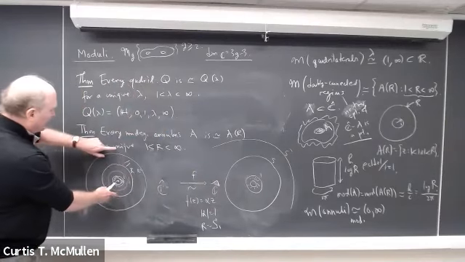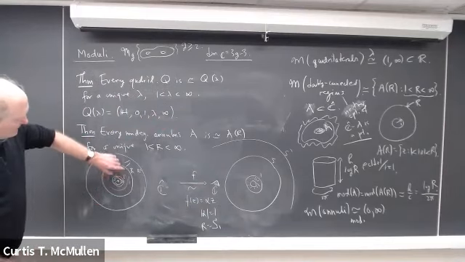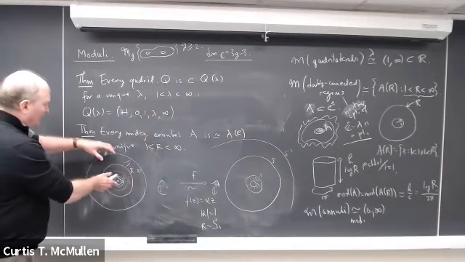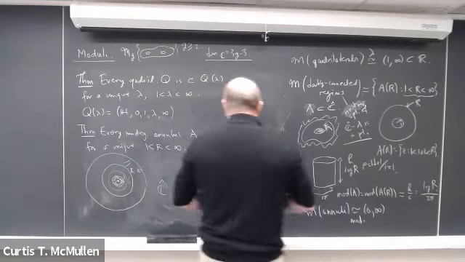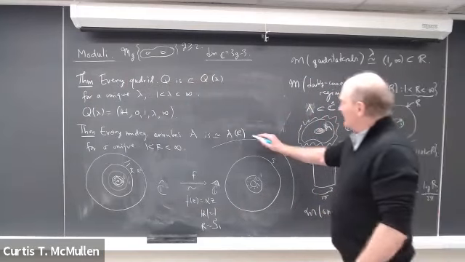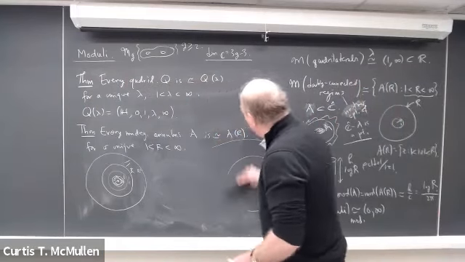It's also possible that F interchanges the inner and outer circles. So the automorphism group of the annulus is the semi-direct product of the circle with a transformation that interchanges the inner and outer boundaries, like Z goes to R over Z. Okay, so that shows uniqueness.